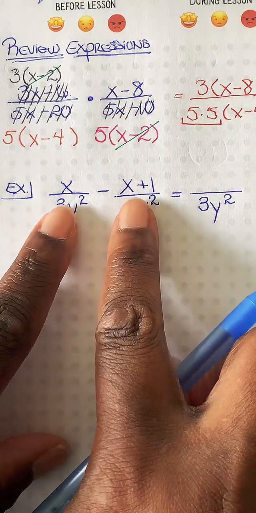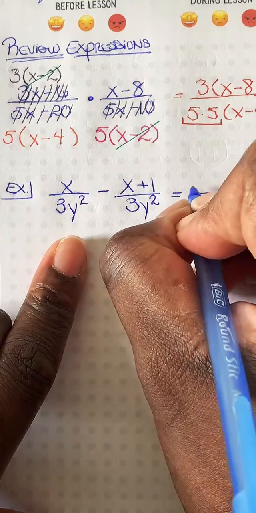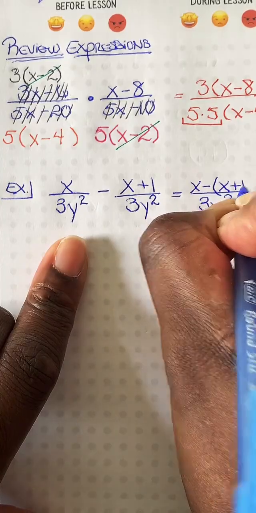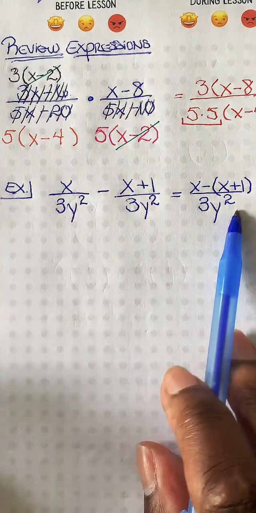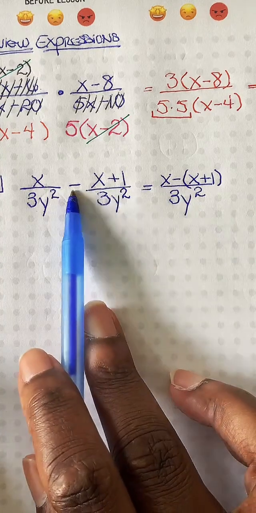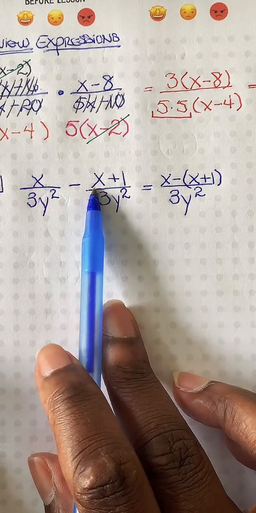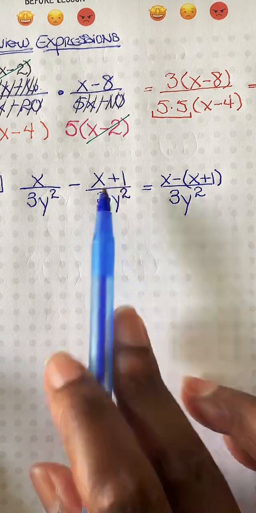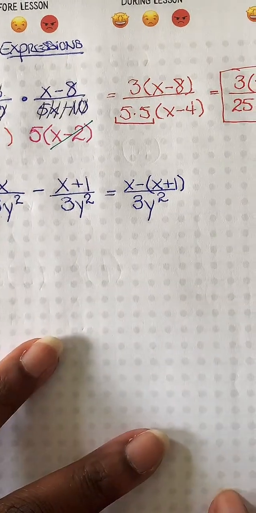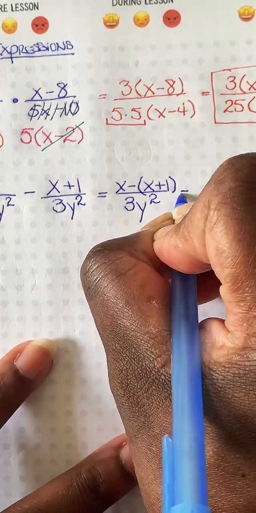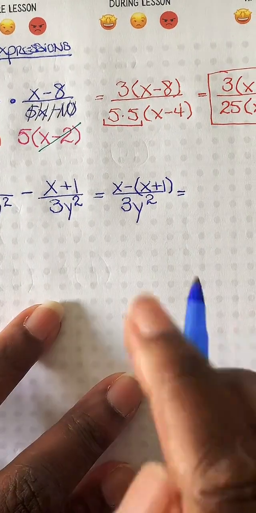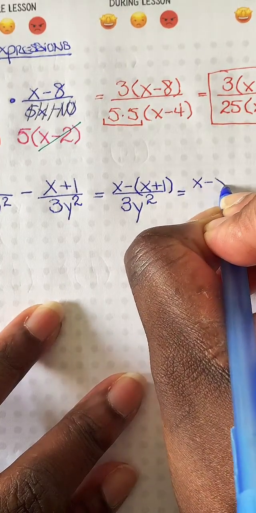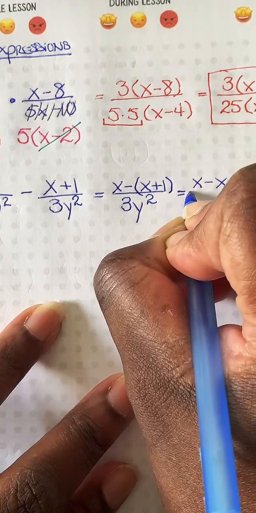And we're going to combine our numerator. So it's going to be x minus this whole expression. The reason why I'm putting parentheses around it is because I'm not just subtracting the x. I'm subtracting the x and the 1. Okay? All right? So here we go. All we're doing is our distributive property. So we basically have x minus x minus 1.